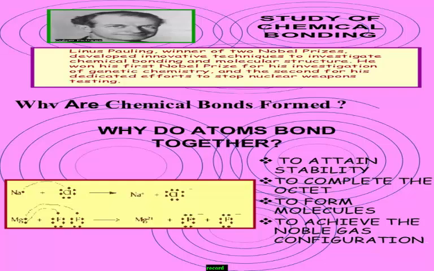Therefore, to complete the octet configuration the atoms are bound together. And for the formation of molecules the atoms are bound together, and to achieve the noble gas configuration they bond together. If they ask the question why the atoms are bound together, you know at least 1 or 2 points.